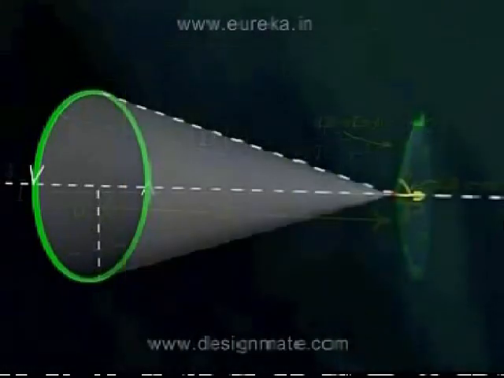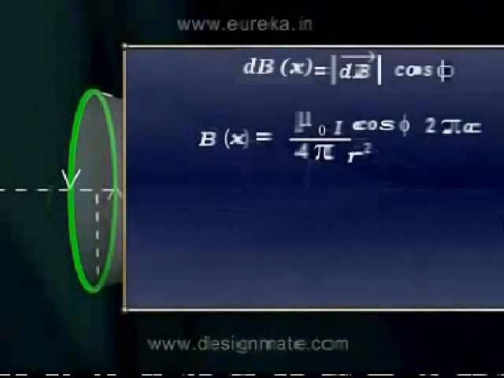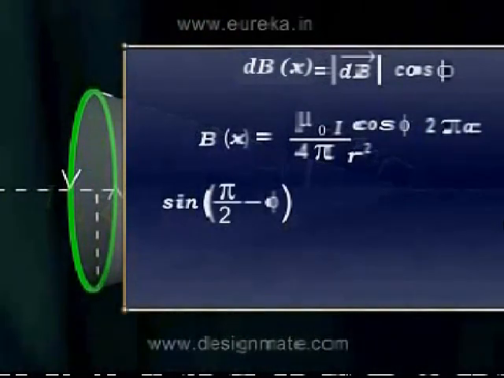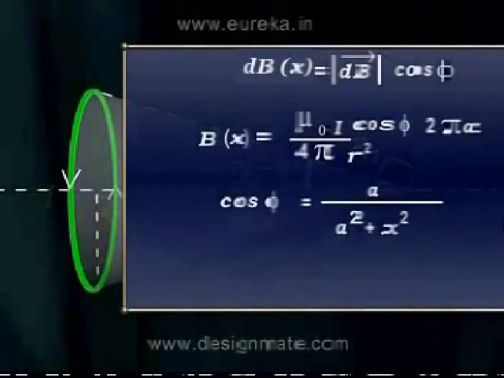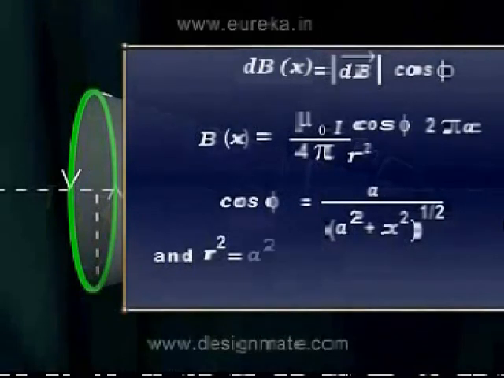From the figure, cos phi is equal to a upon r, that is equal to a upon (a square plus x square) raised to half, and r square is equal to a square plus x square.